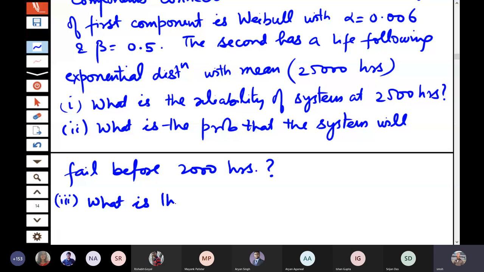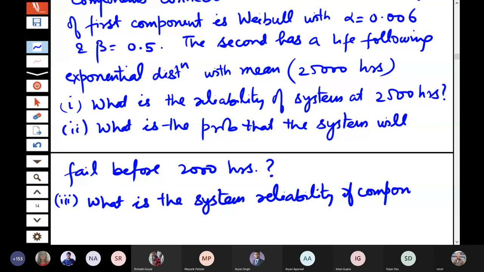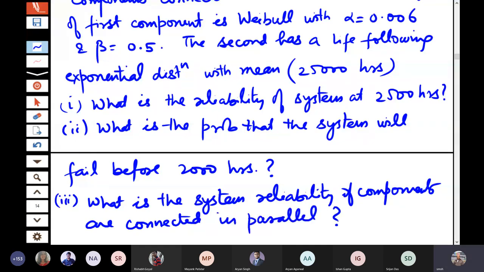What is the system reliability if the components are connected in parallel? So is the problem clear? Yes, sir.